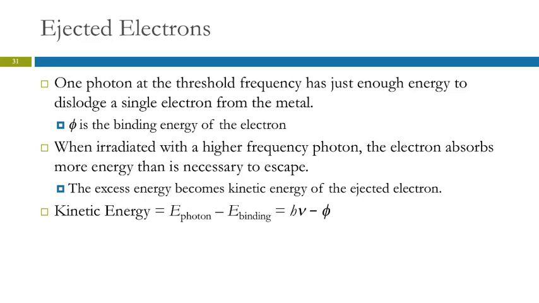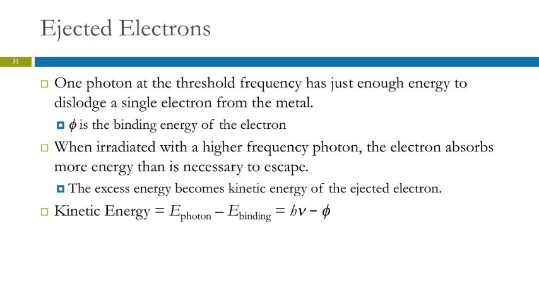Okay, so back to those electrons being ejected. One photon at that threshold frequency has just enough energy to kick out an electron. The amount of energy needed is called the binding energy. And I'm blanking. Is that phi or psi?